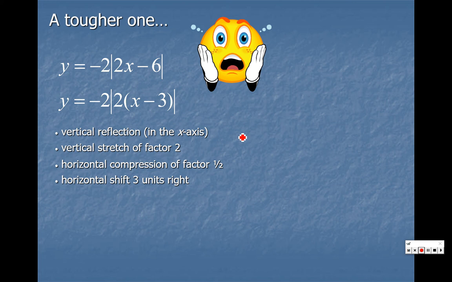Now, I'm going to say something that I think is going to make a whole bunch of people suddenly go, oh, yeah. I don't teach grade 11, so I don't teach this stuff. But I think most of you will know it. Okay, you build a table of values, and you do, it's not SP, is it SPDF? What are the letters? You know what I'm talking about? Stretches, reflections. SRT.